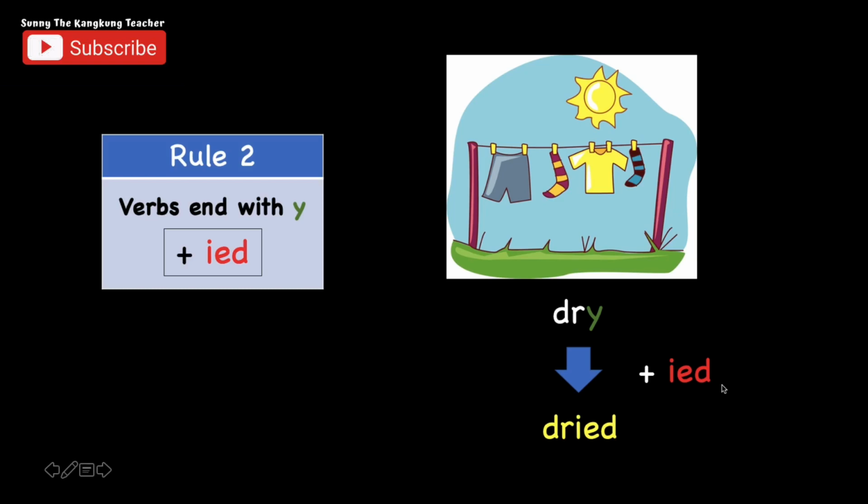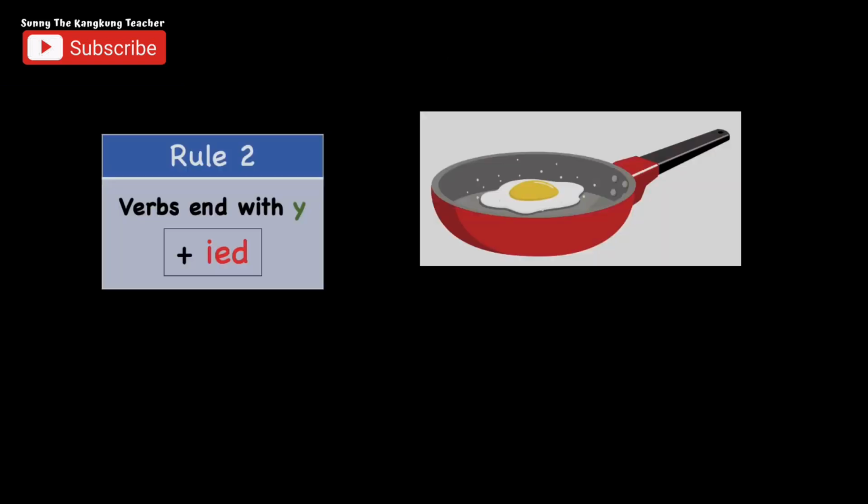Let's try another one. What's the action? Correct. It's fry. Look at the verb, F-R-Y. It ends with Y. Once again, we can use rule number 2 to transform the verb to its simple past tense form.